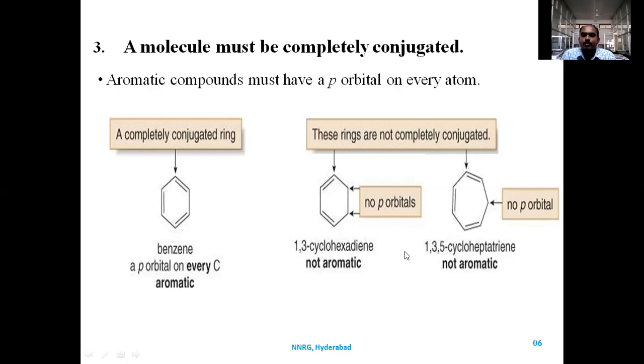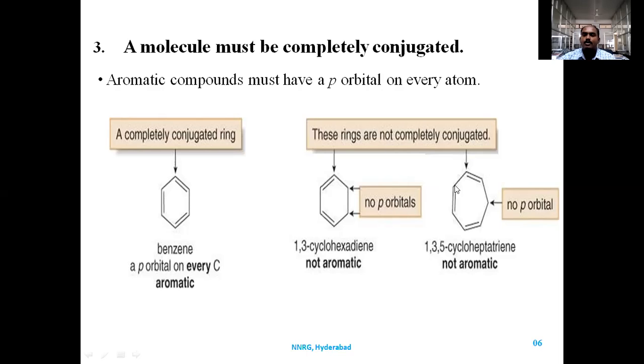Take another compound, 1,3,5-cycloheptatriene. This looks aromatic in nature because it has alternate double bond, single bond, double bond, single bond, and double bond. But this carbon is not in conjugation with the pi system because it is an sp3 hybridized carbon.